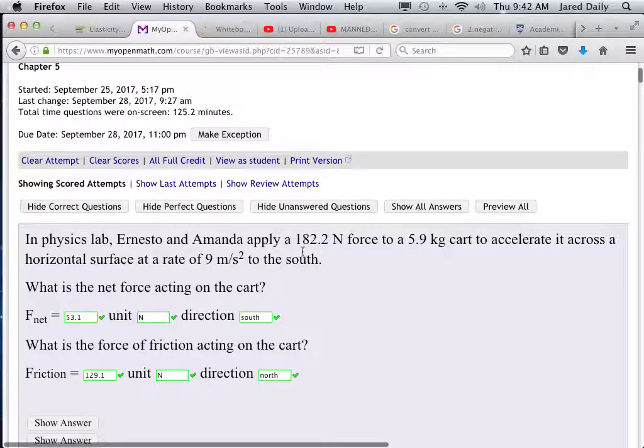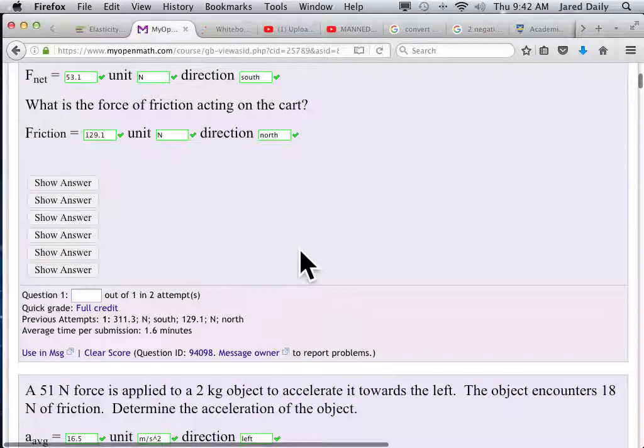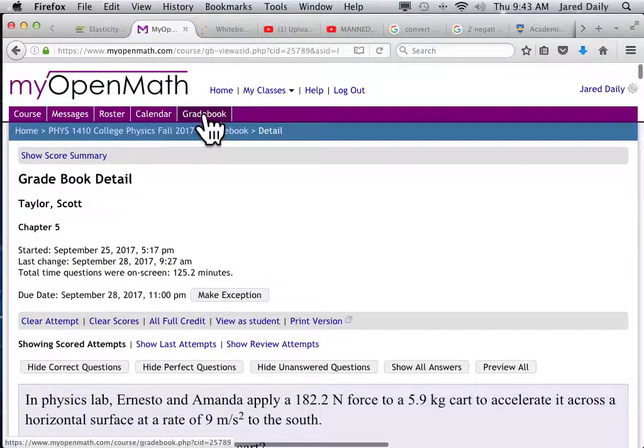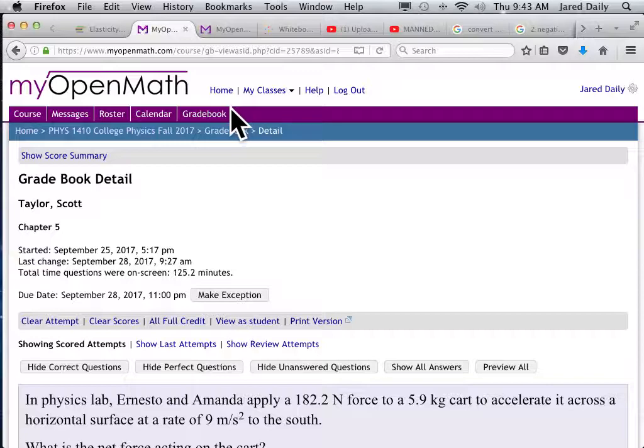Showing scored attempts. Is the program subtracting points if you use multiple attempts? Trig does, I don't think physics does. Something's wrong with the program.